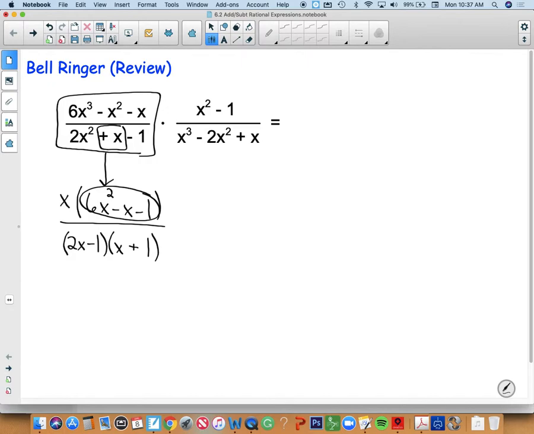Okay, so let's factor this one right here. So that's going to be a 3 and a 2 in the front, so 3x and 2x, and a 1 in the back. We're looking for a negative 1 in the middle, so we'd have a positive 2x and a negative 3x. So let's swap those out here quick.